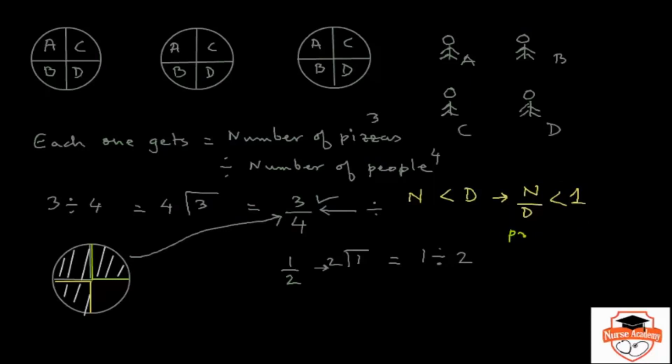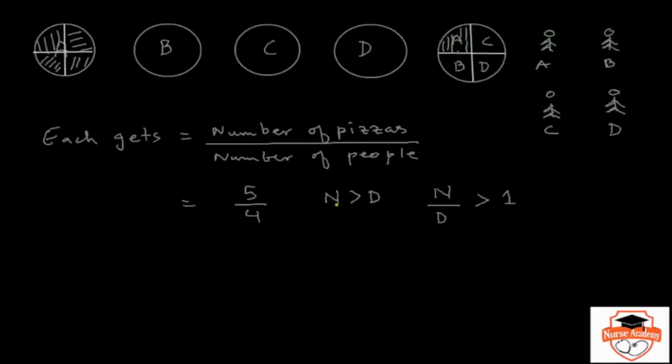We call these fractions proper fractions. So this is a proper fraction. A fraction in which the numerator is larger than the denominator, like this 5/4, is called an improper fraction. So you have 2 types of fractions, proper and improper. A proper fraction is always less than 1, and an improper fraction is always more than 1.